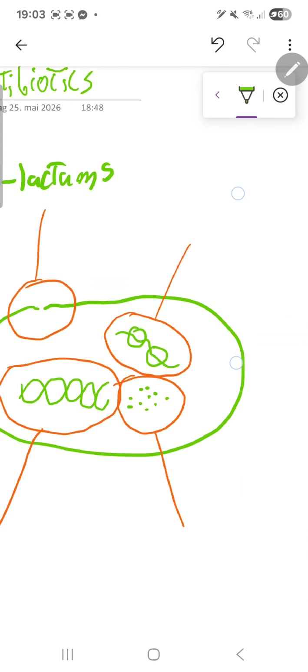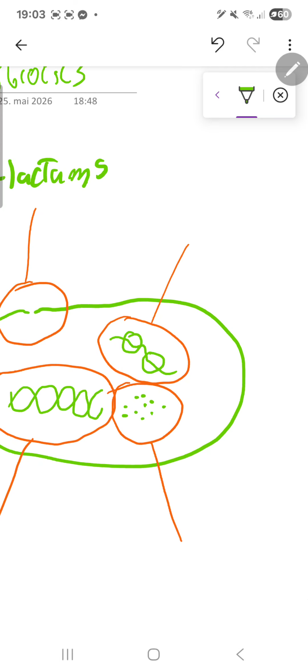On the other hand here, there are other types of antibiotics that work by inhibiting the protein synthesis. And the way they can do this is by binding to the ribosome subunits, mainly the 50S subunit, but there are also a 30S subunit, and this makes it hard for the tRNA to bind to the ribosome, and therefore protein synthesis can't occur.